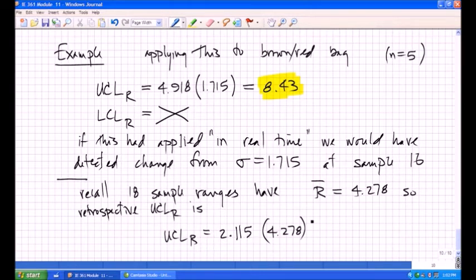When all is said and done, that is 9.05.